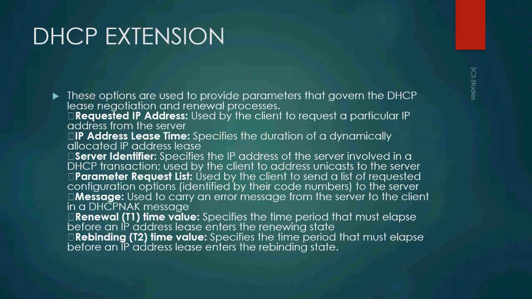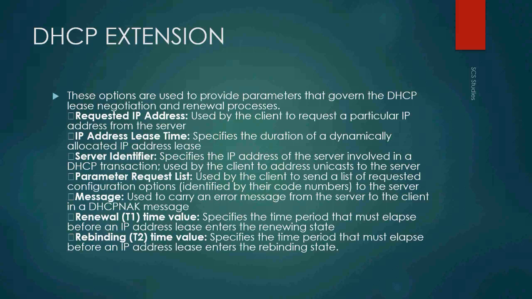IP address lease time specifies the duration of the dynamically allocated IP address lease. That means if a DHCP server dynamically provides IP addresses to clients, the dynamic IP pool should have a lease time specified. Server identifier specifies the IP address of the server involved in a DHCP transmission, used by the client to address a unicast to the server.